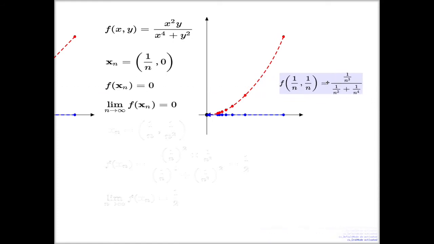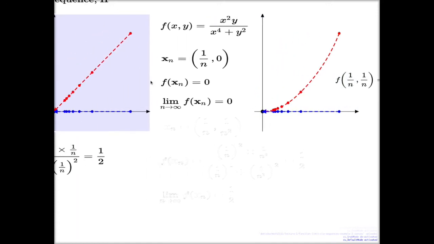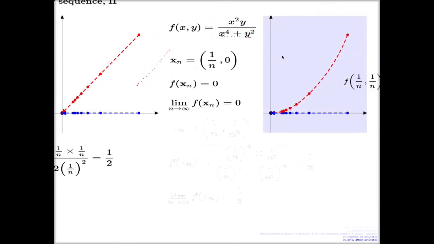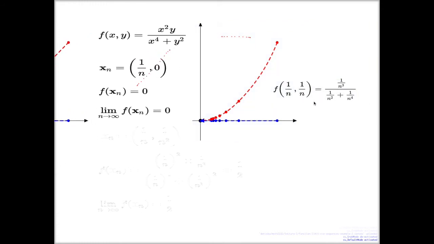I'm trying to justify my choice of quite a non-trivial approach here. If you choose the bisectorial approach for this function, it doesn't work, because it still gives you 0. That's not enough evidence for concluding that the limit doesn't exist.